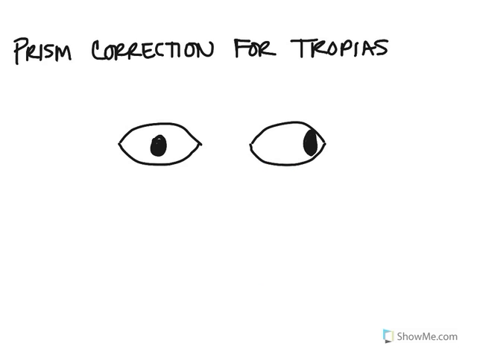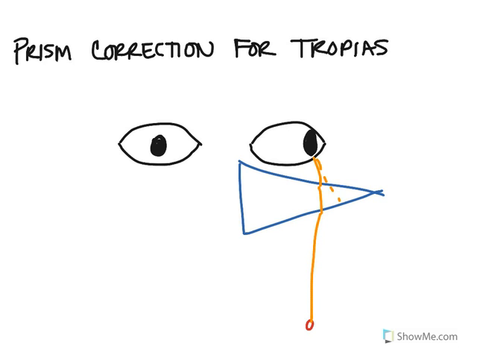And for an exotropia, if we were to put a base-in prism, now an object that is straight ahead would appear to be coming from a location over here, and so it would appear straight ahead to the outward deviated eye.